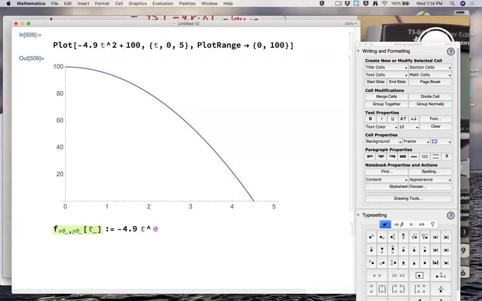Turns out the 4.9 comes from taking g, which is 9.8, and dividing by 2. Oops, that's supposed to be a square. Then add the initial velocity, which I'm calling v0, times t. Then add the initial height, y0.